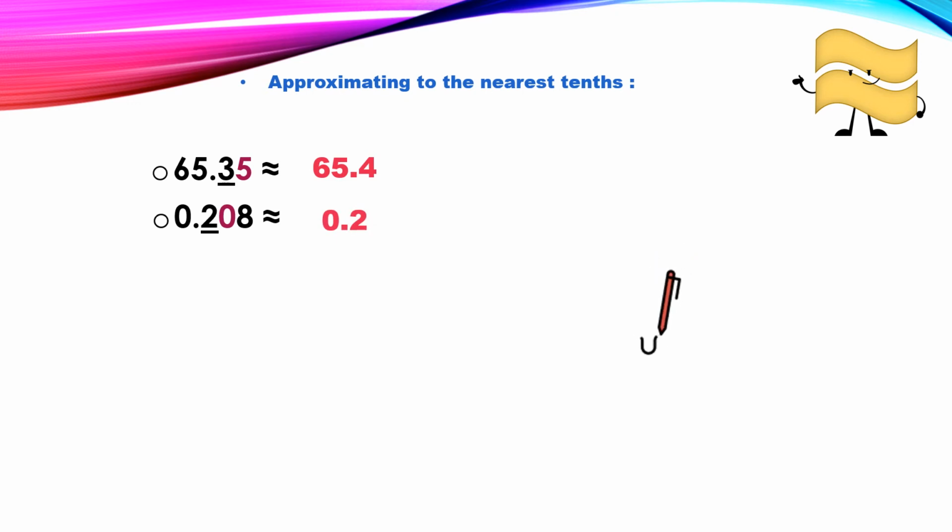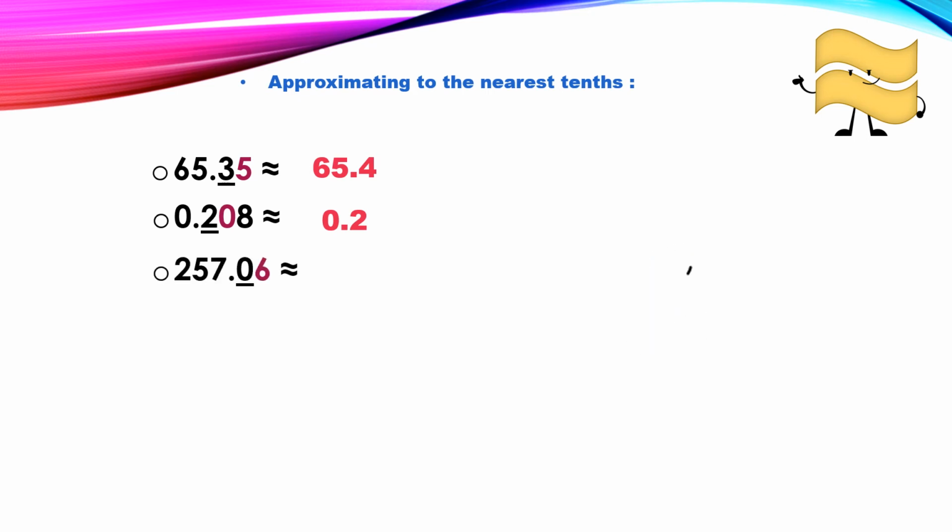The answer will be 0.2. Why didn't I write 0? Because it has the same value. If I add 0, it is the same value as 0.2. A 0 on the left with no 0 on the right has no meaning in decimals.